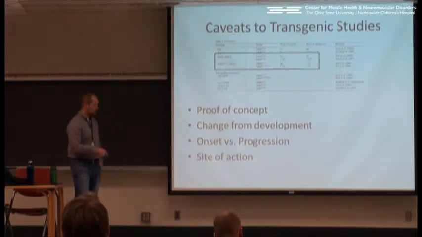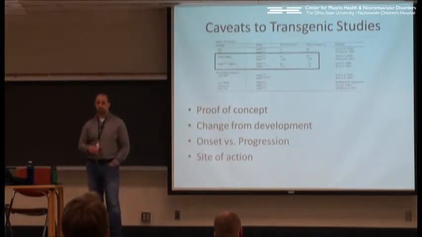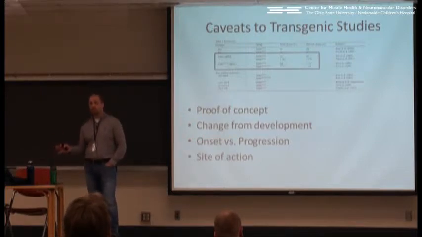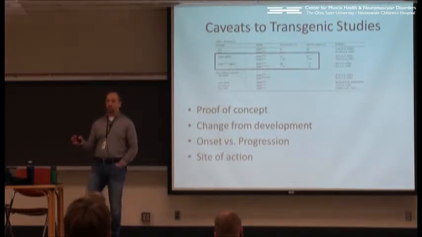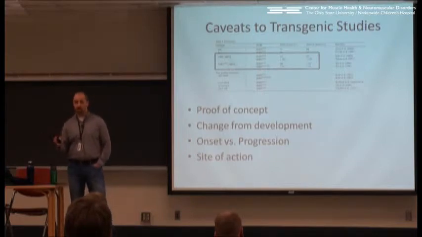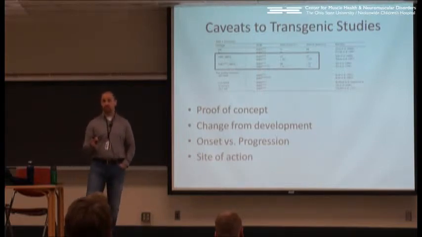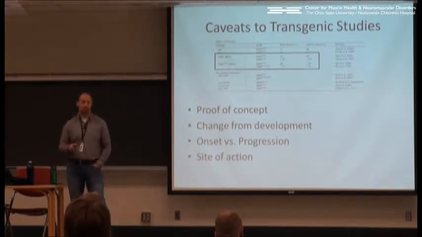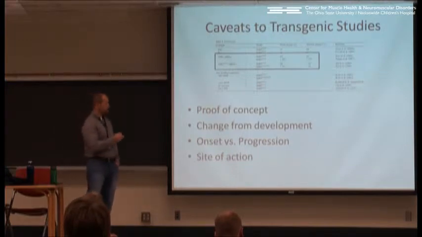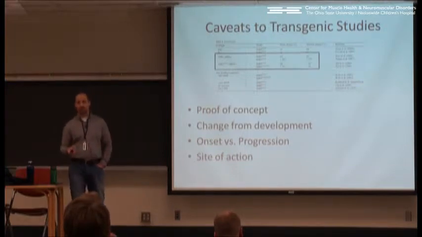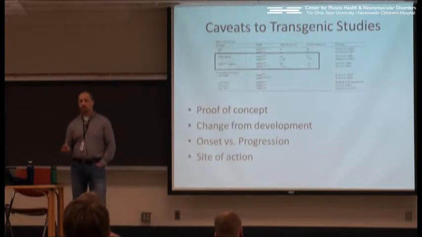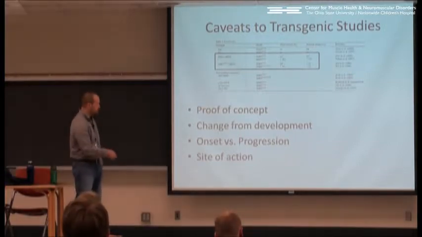The other thing that these things might not cover: most of these are ubiquitous knockouts, right? So we're taking it away from every cell equally. Okay, so that doesn't necessarily tell you much about mechanism or site of action. You can have ideas about it, but it's not something that you know. You can go and engineer these further where you have tissue-specific knockouts or cell-specific knockouts to try to get at these sorts of questions.